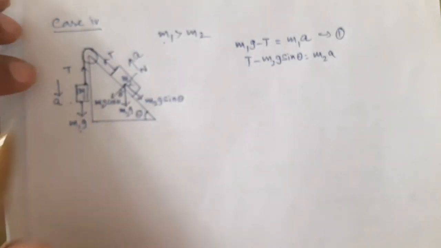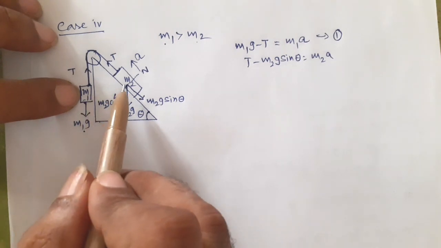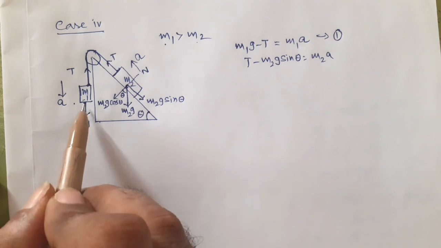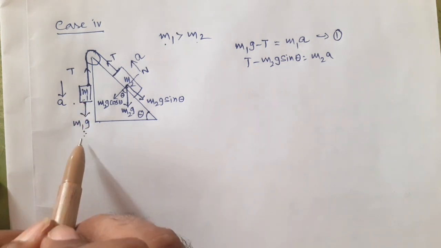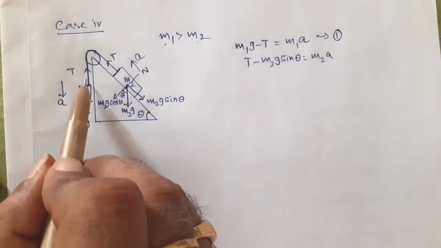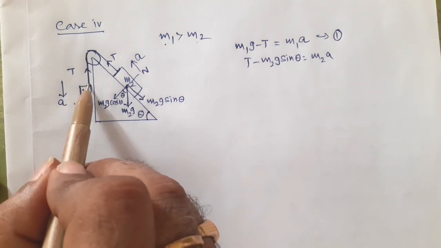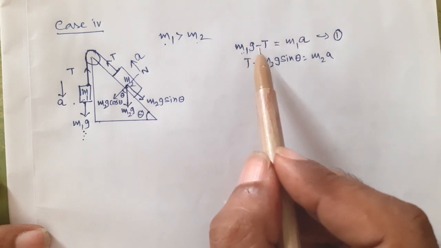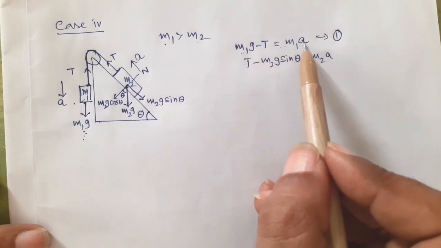Clear? See, the weight m1 is greater than m2. Therefore, the body moves in this direction. Weight is in this direction, it will move in this direction, and the tension is away from the point of contact. For this body, the equation is m1g minus T is equal to m1a.